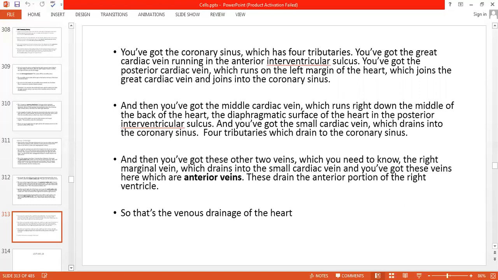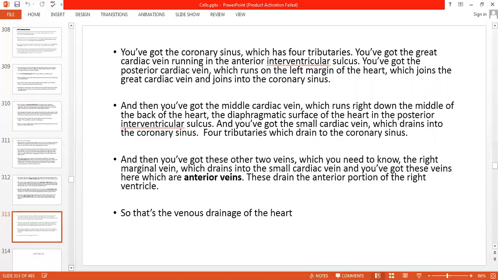And you have the small cardiac vein which drains into the coronary sinus. Those are the four tributaries. Then you have two other veins you need to know: the right marginal vein which drains into the small cardiac vein, and these anterior veins, which drain the anterior portion of the right ventricle.